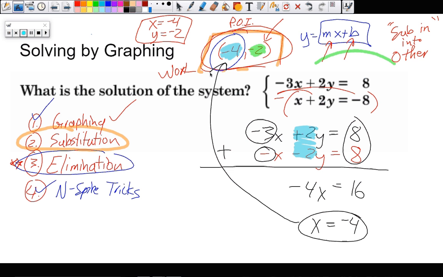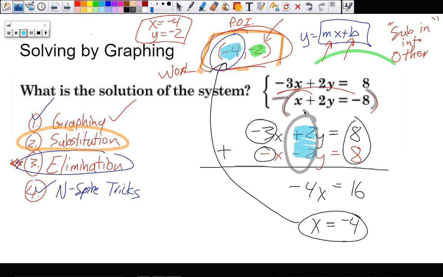Fractions, whole numbers, whatever they are. Sometimes what I did to one equation, you might do to both equations to make them match up where you can cancel out one of the variables. You with me, guys? Okay.